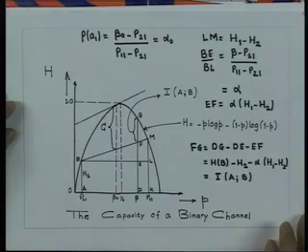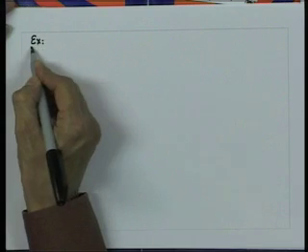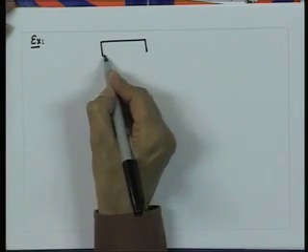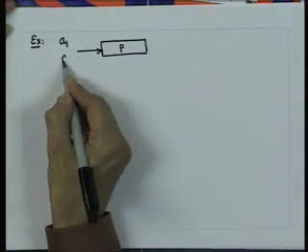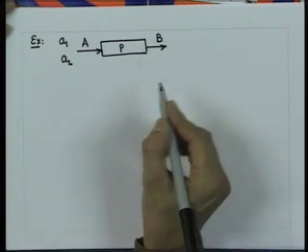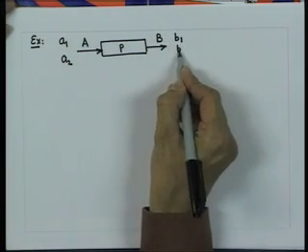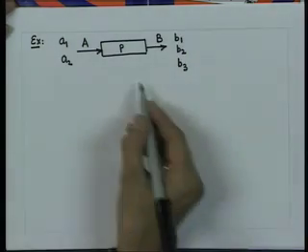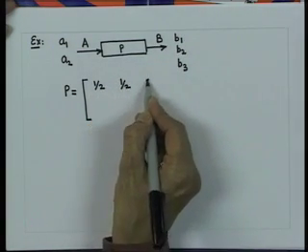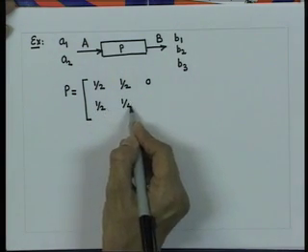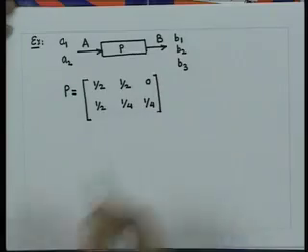Now, as a final example of our exercise in calculation of channel capacity, let us take a channel with input alphabet consisting of two symbols A1 and A2 and output alphabet B consisting of three symbols B1, B2, B3 with the channel matrix given as half, half, 0, half, 1/4 and 1/4.